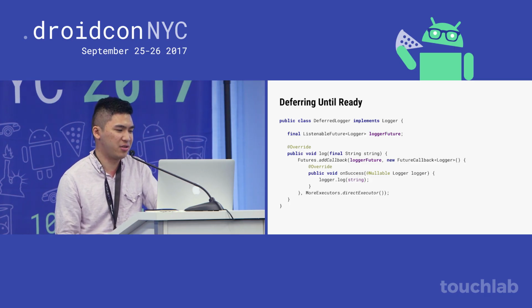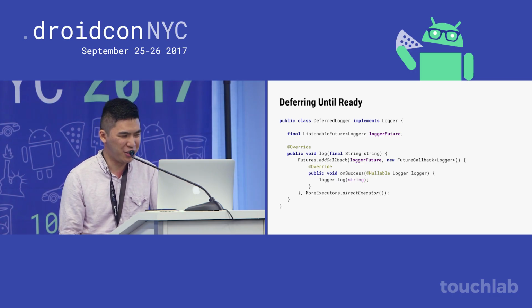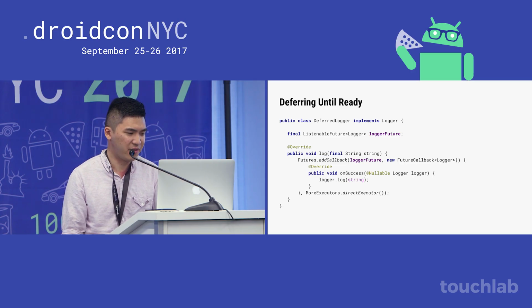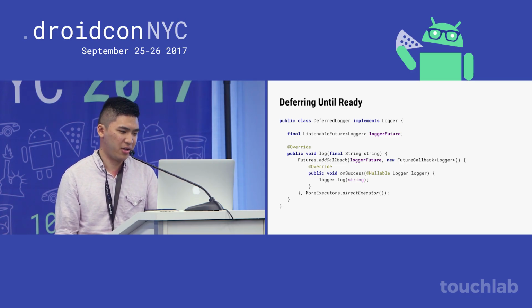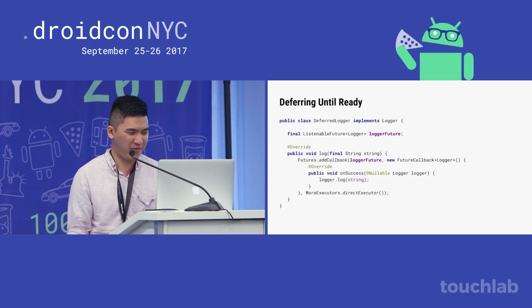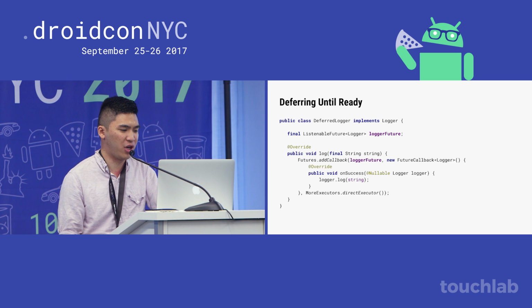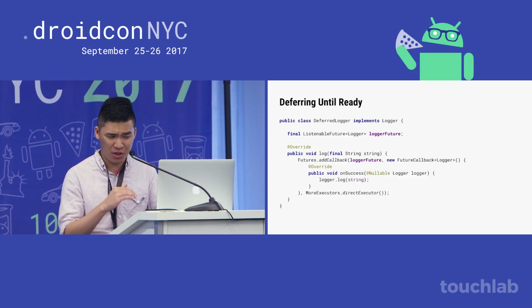One thing you can do is create an alternative implementation. All it does is defer the logging by taking, say, the string here, and we're going to wait for the real logger to be created before logging. So basically, every single time you call log on this deferred logger, it will keep adding callbacks to this future, like a queue.